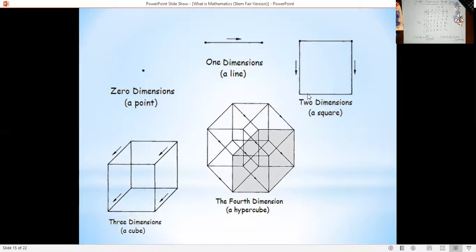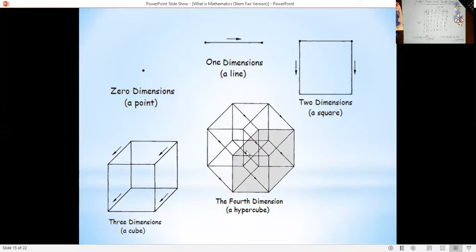And what ends up happening here is, when you make the 2-dimensional space, I now have 4 lines, okay? And then when I move that square into the 3rd dimension, I now have 6 squares, okay? And when I move this into this dimension, you actually get 8 cubes.